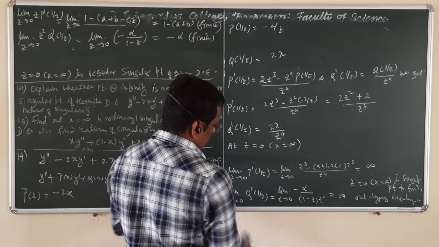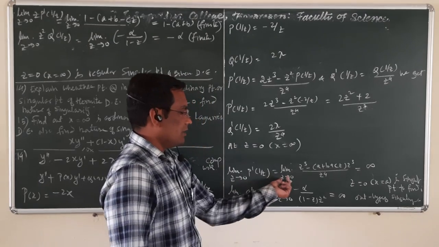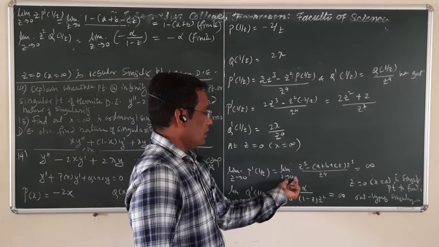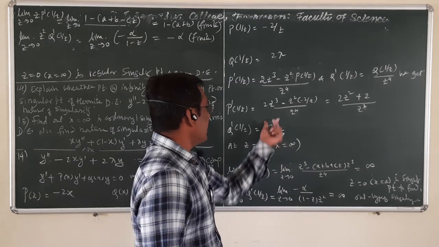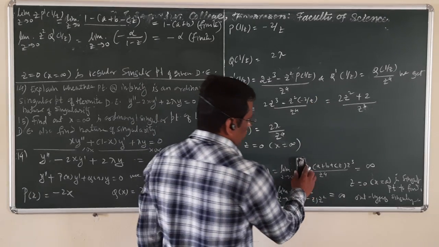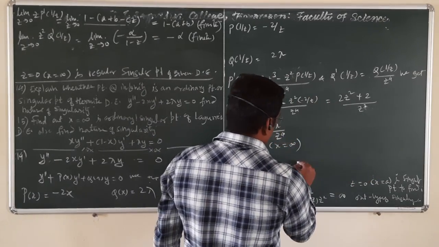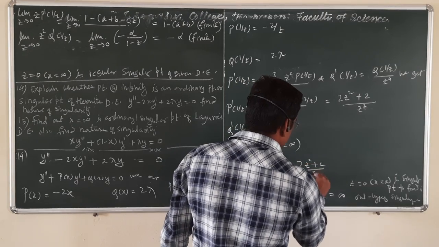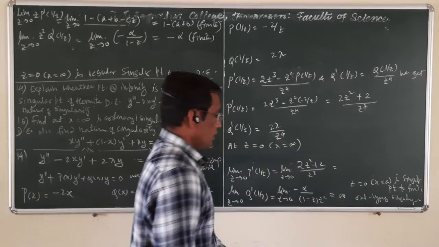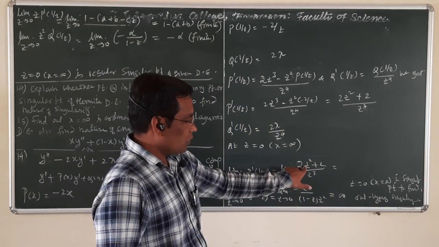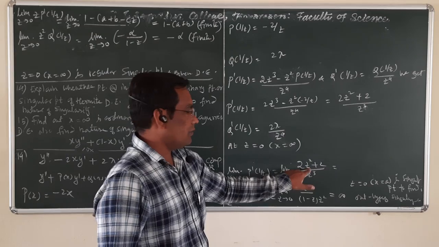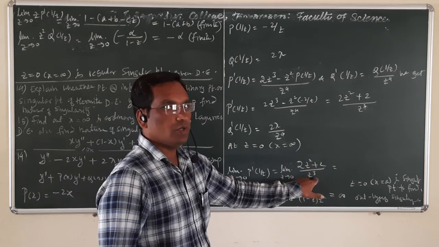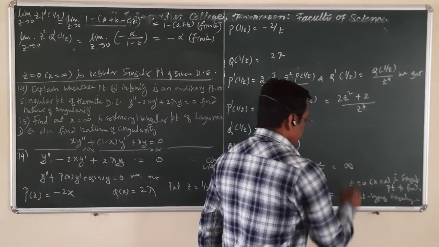Limit of p dash 1 upon z is limit as z tends to 0, p dash is what? 2 z square plus 2 divided by z cube. Now if you put value of z is equal to 0, so 2 into z square, which is 0. So 2 divided by 0, which is infinity.